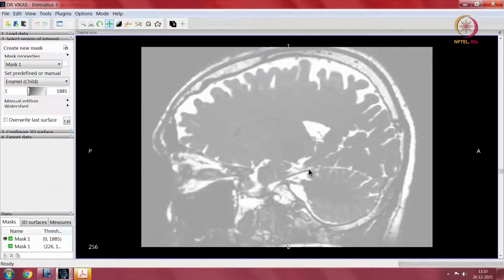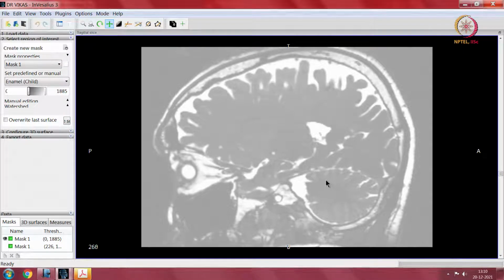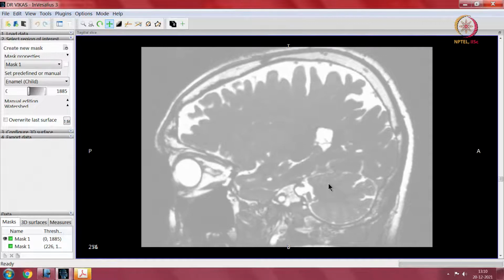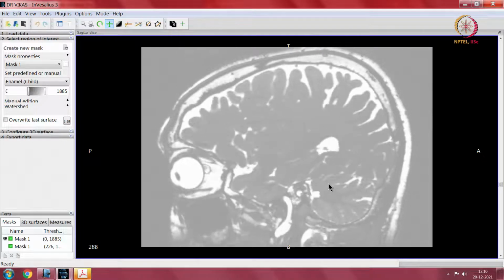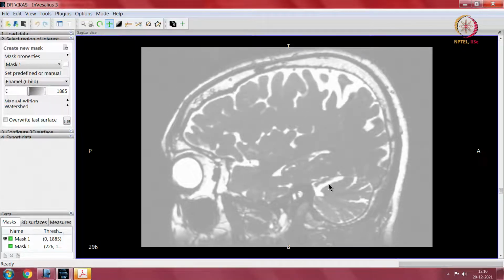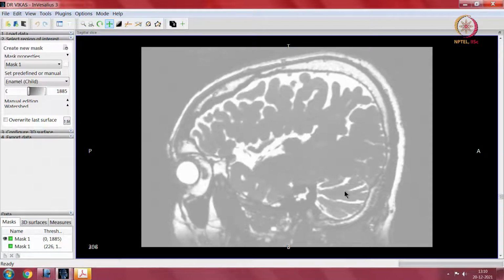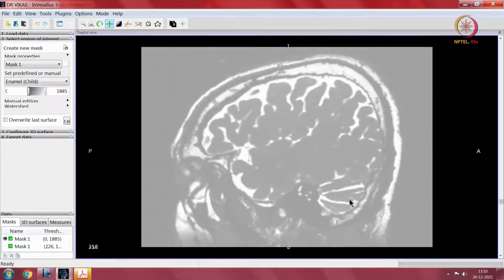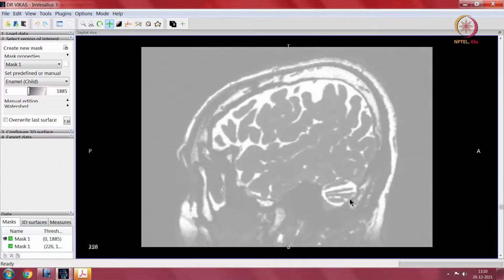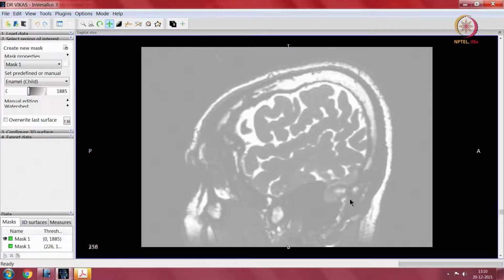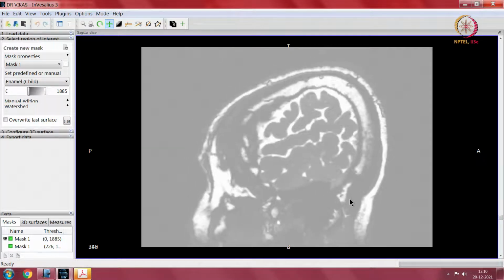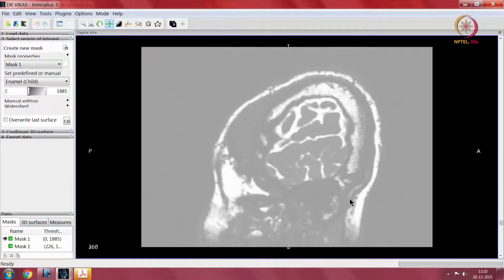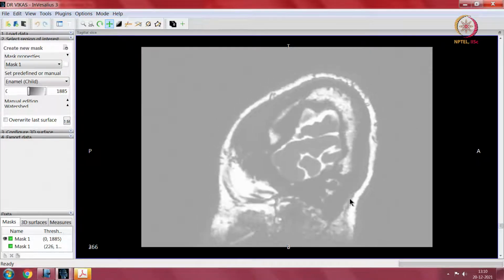This black line which is separating the cerebrum from the cerebellum is the tentorium. Just seeing whether I can highlight the motor cortex over here, not possible.